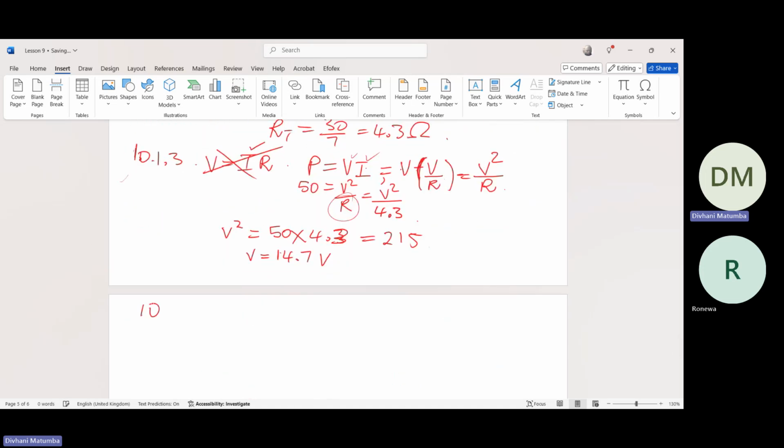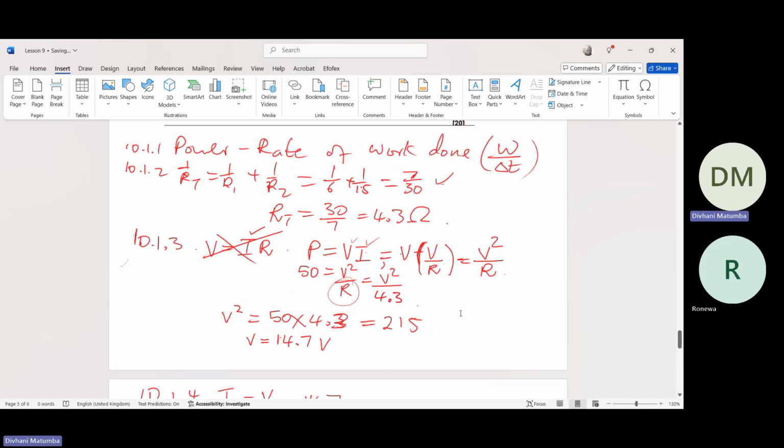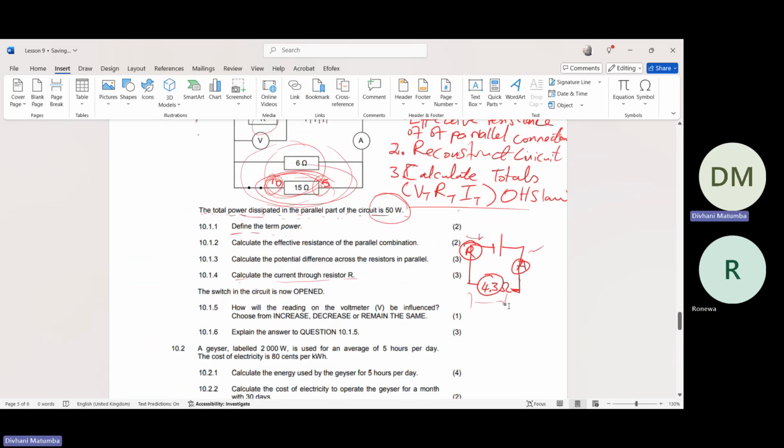I equals V over R. The voltage is 14.7 over R, which is unknown, is it not? Okay, R is unknown.